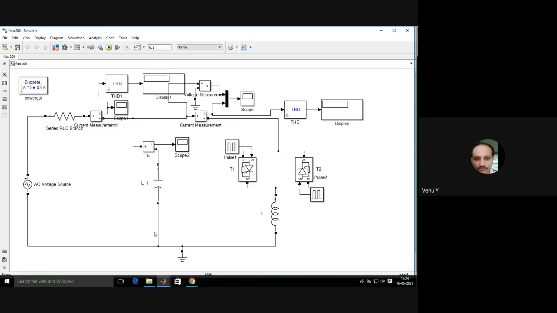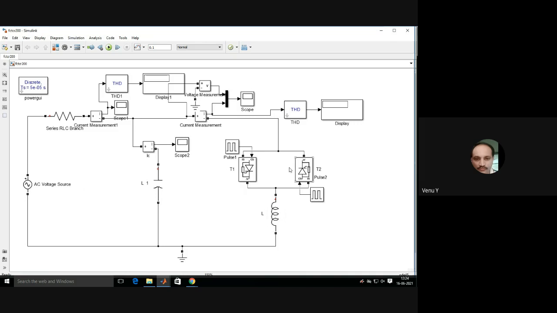For that, you need to provide the TCR with a rating higher than the capacitor rating, and you can control it with the firing angle alpha, so that you can provide continuous control of reactive power up to some extent. But it has some disadvantages.